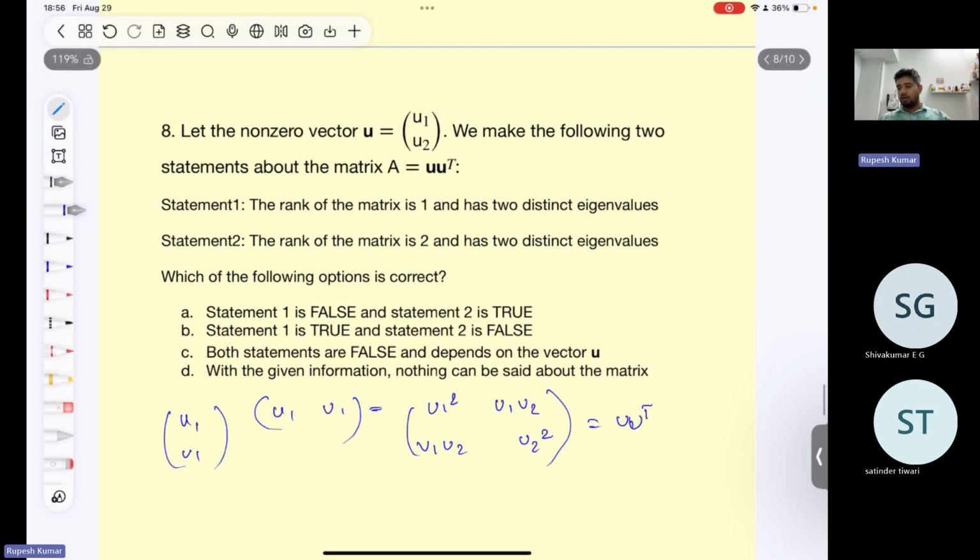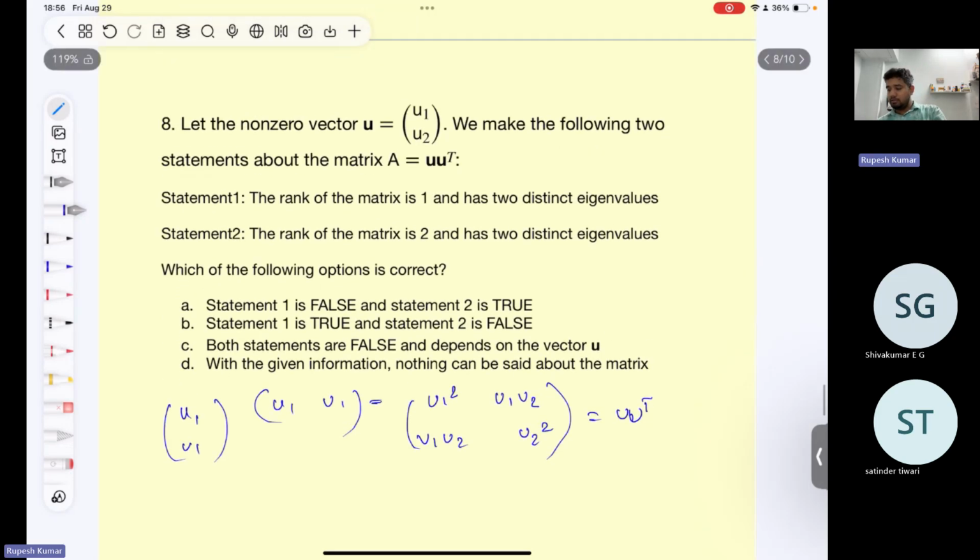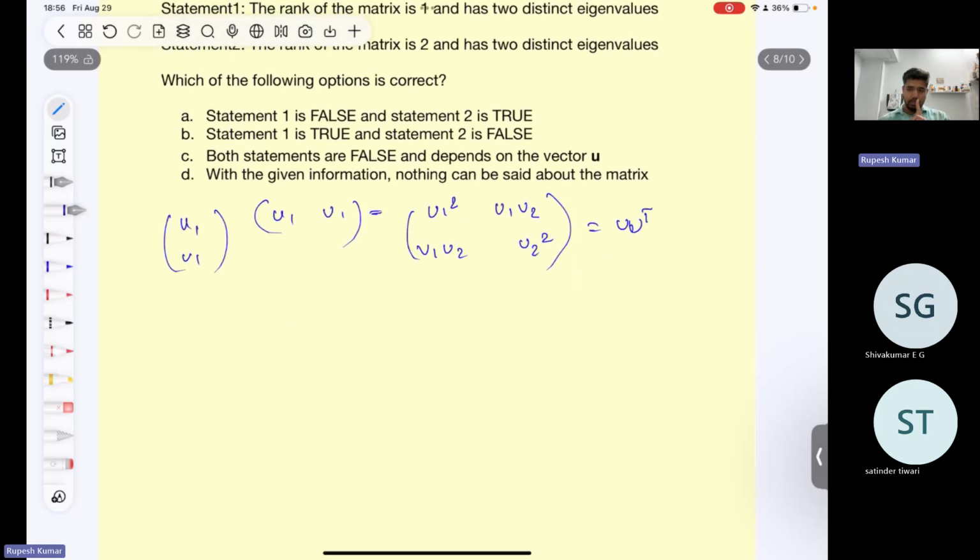Now let's try to figure out: the question is, what can we say about the rank of the matrix and the eigenvalues? First, rank. We are thinking about the rank of the matrix. First, check if it is rank deficient.